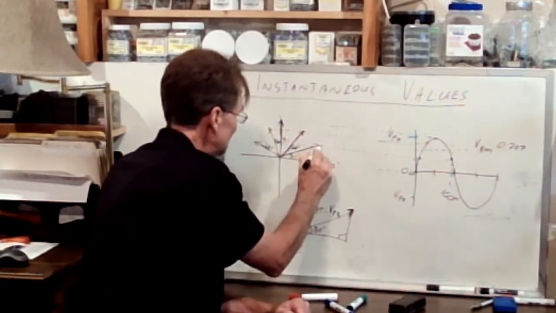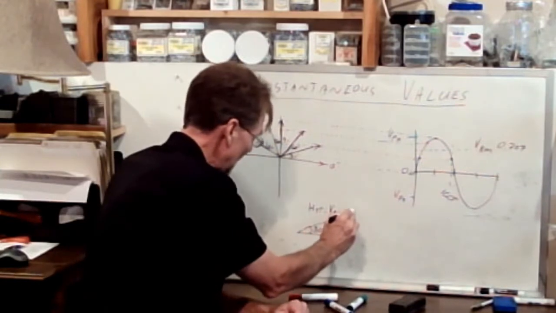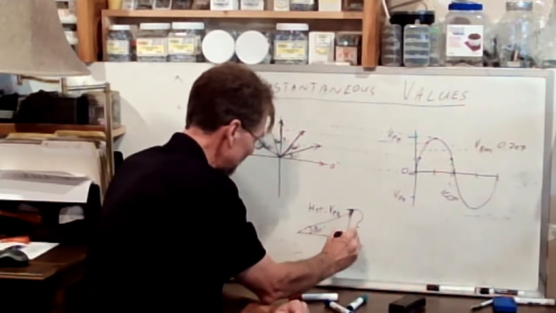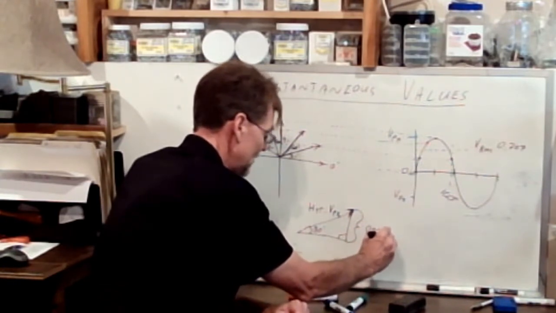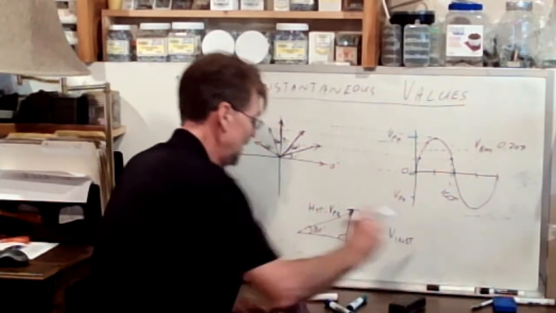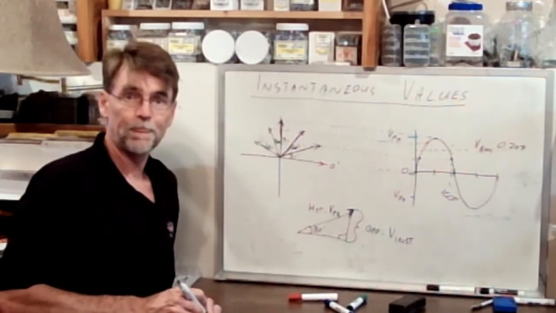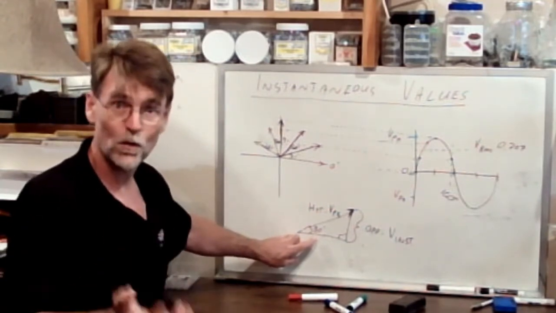And so that height is that point right there. And so this line on our right angle triangle, which is the opposite, equals V instantaneous. Okay? So we know the angle, because that's the question being asked.